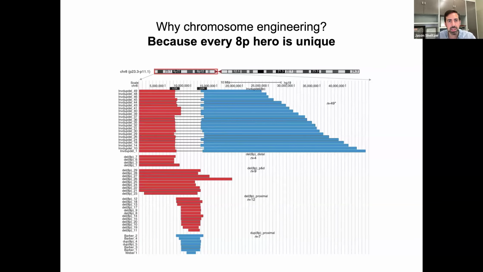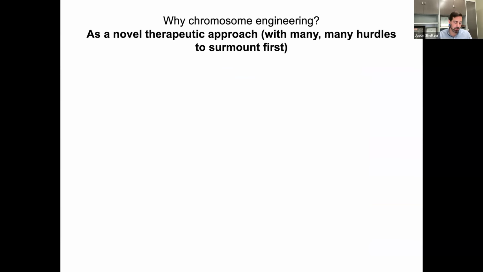The final reason why I think chromosome engineering is important, and by chromosome engineering, I mean trying to develop approaches to correct chromosome rearrangements and restore a normal karyotype, is that I think this is potentially a possible therapeutic approach with many, many, many hurdles to surmount first.